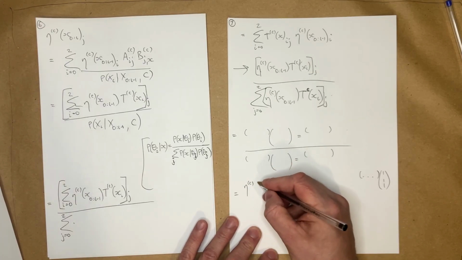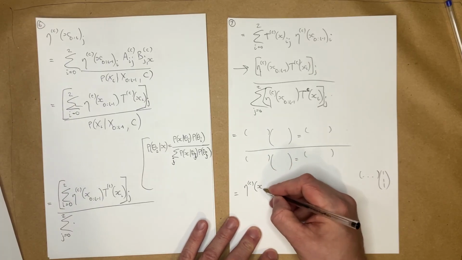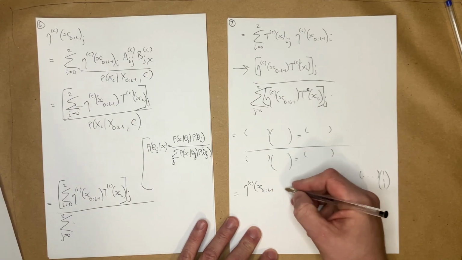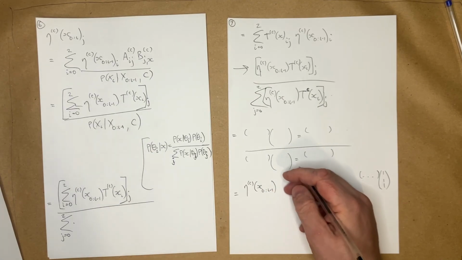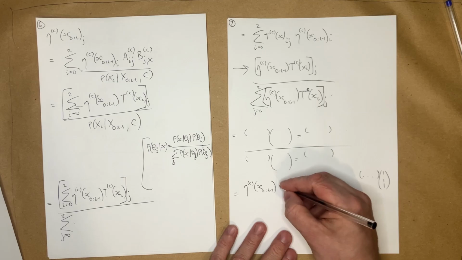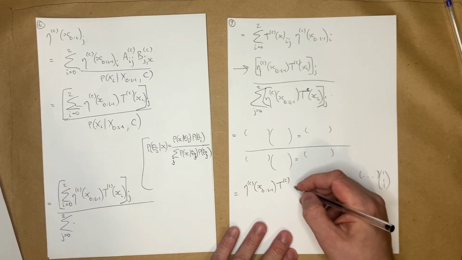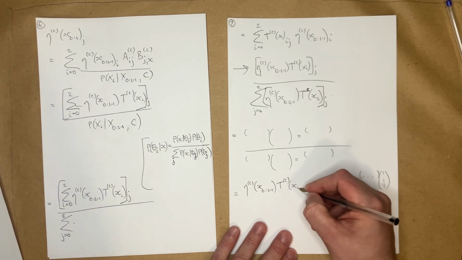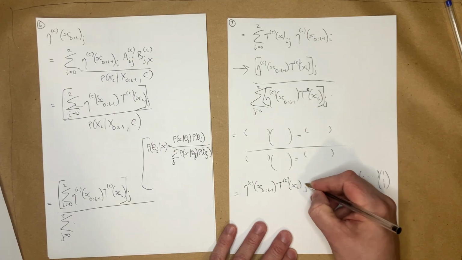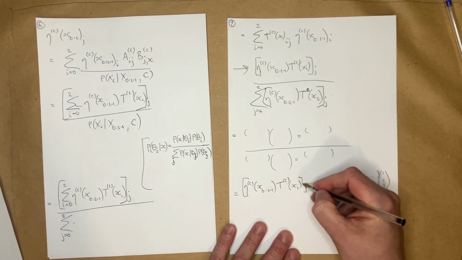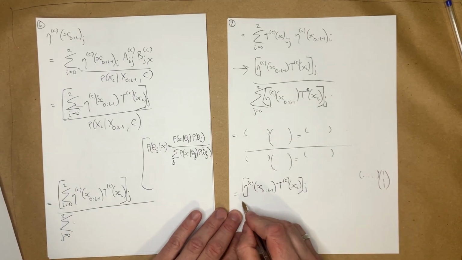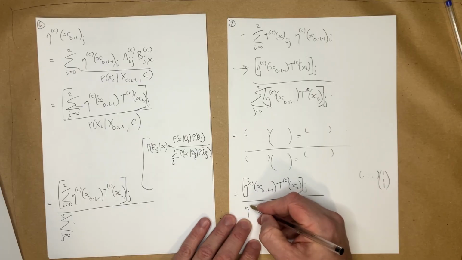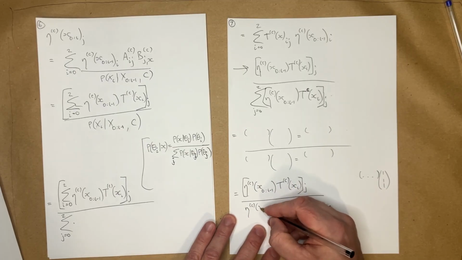So we have our eta of c 0 to L minus 1 with our t vector. We'll take the jth component, and then on the numerator we're just going to do the same thing.